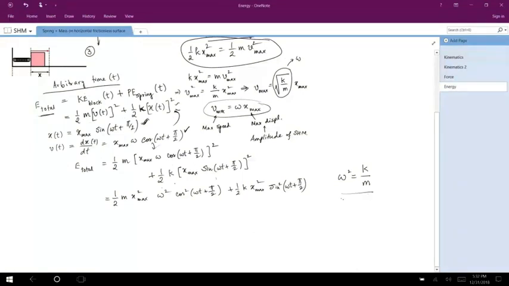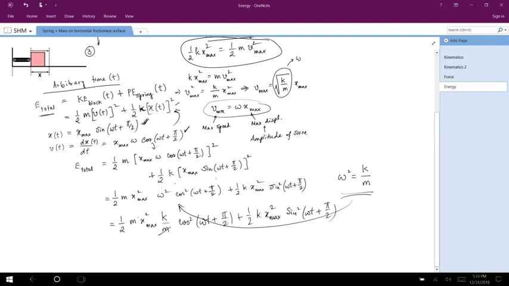Great, so we can use this and plug this back into our expression for the total energy, and that would give us 1/2 m times x max squared, and then omega squared is equal to k over m times cosine squared omega t plus pi over 2 plus 1/2 k x max squared sine squared omega t plus pi over 2.